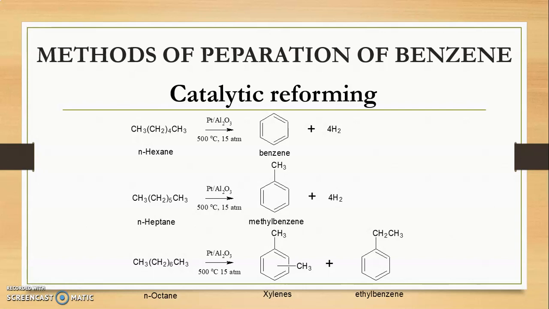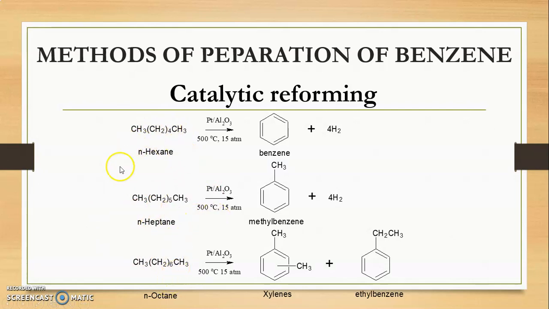When this reaction is carried out, the hydrocarbons that are present undergo cyclization. The petroleum fractions available in the boiling range of 60 to 200 degrees Celsius mainly consist of acyclic hydrocarbons like n-hexane, n-heptane, n-octane.